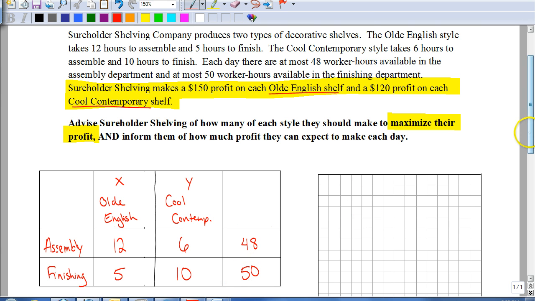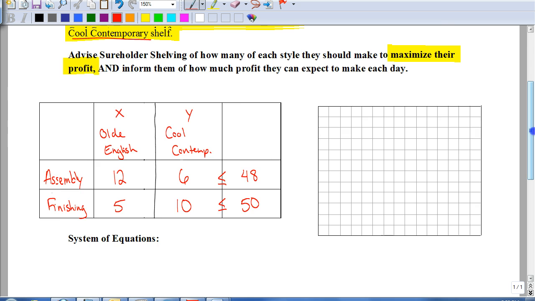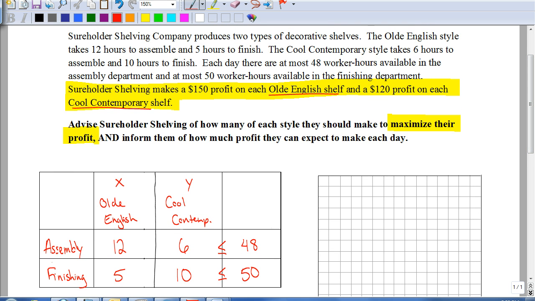So now we can use our table to come up with our inequalities. Now, these are going to be less than or equal to because that's the most they had available. They had at most 48 hours available for the assembly and at most 50 worker hours.